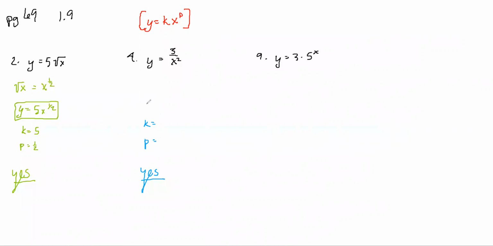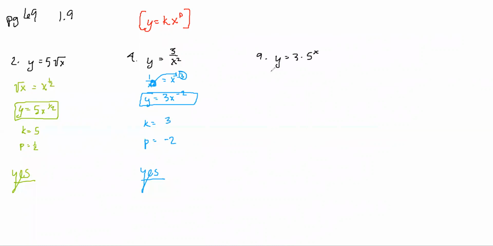Isn't that also the same as 3x to the 1/2? Not to the 1/2, but to the -2? Yes, to the -2. So 1 over x to the 3rd, let's say, is equal to x to the -3. And whatever number this is, as long as it gets turned into a negative sign, it can be moved up top. So that's what it looks like. Here's k, here is p. Yes, it is a power function.